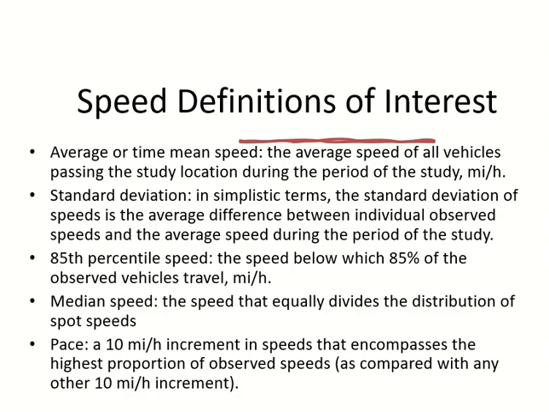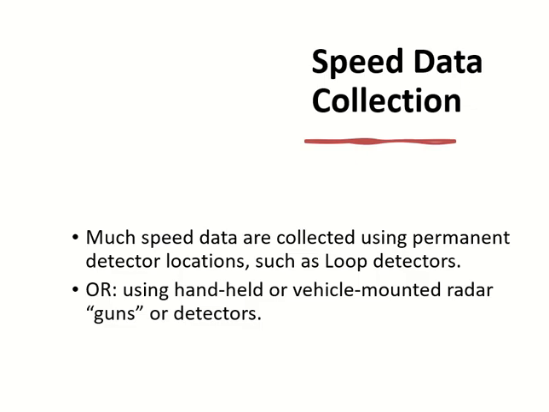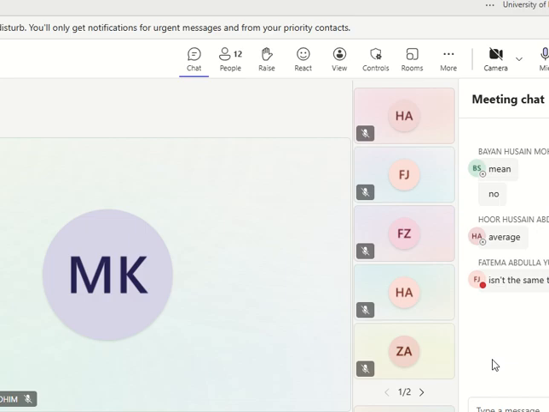The interval of the pace is 10 miles per hour, as I showed you in the example as well. So the number of drivers in the pace 10 mile per hour range will be more than any other 10 mile per hour range in the data. Any questions up to now? Is this clear? The idea of pace is clear?